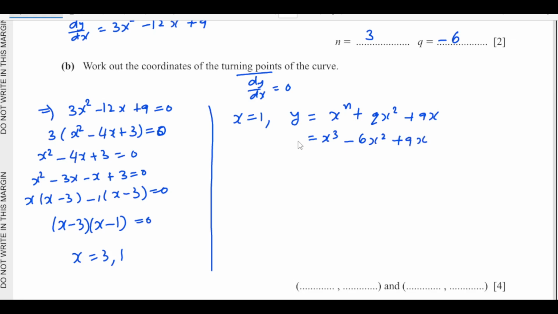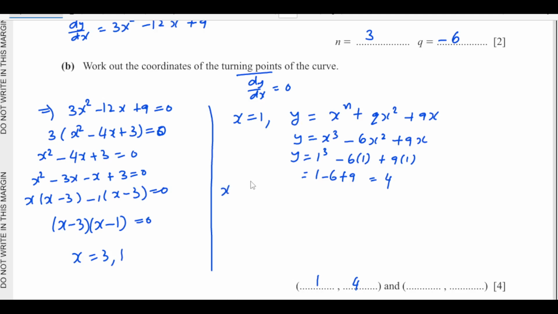Now we substitute 1 as the value of x. This is 1 minus 6 plus 9, which is 4. So when x is 1, y is 4.